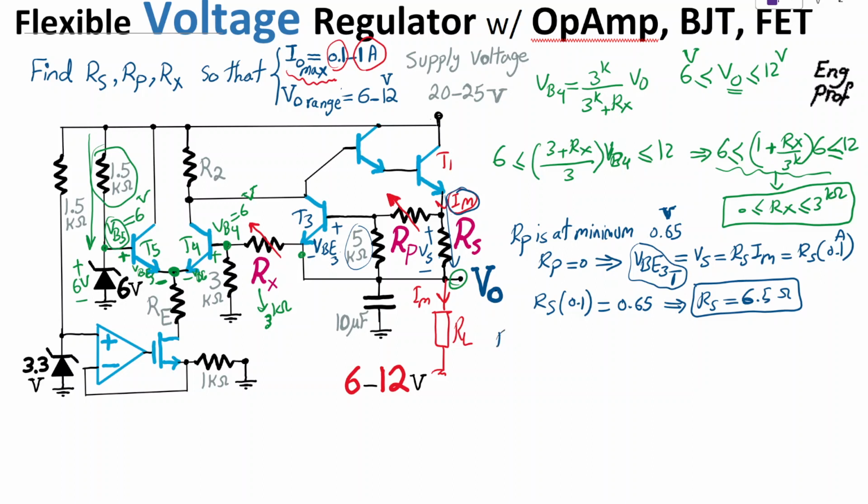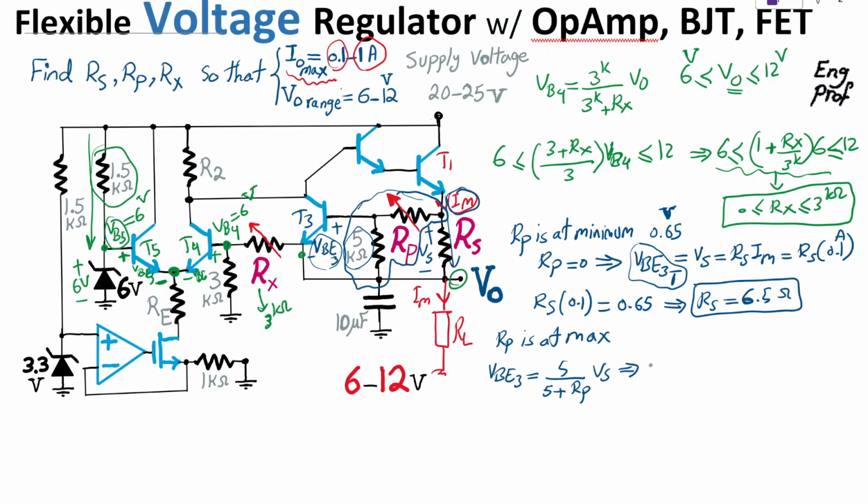Now, if Rp is at maximum, what happens? Then we have a series of Rp and 5K effectively, and the voltage drop across 5K is going to be VBE3. So in this case, VBE3, which is the voltage across 5K, is just 5 divided by 5 plus Rp times the voltage across Vs, basically.